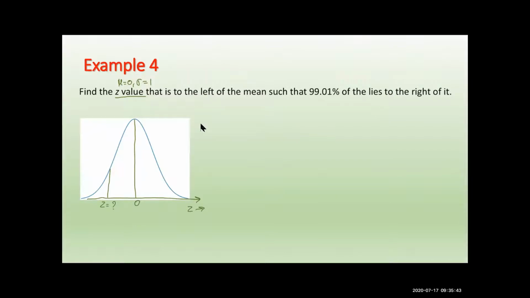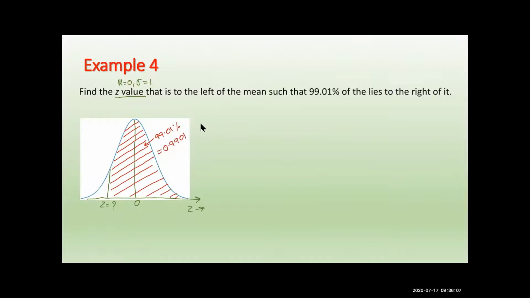So meaning of that is this area, which is to the right of that z score, the total area, you can say it like this. So this area is 99.01%.